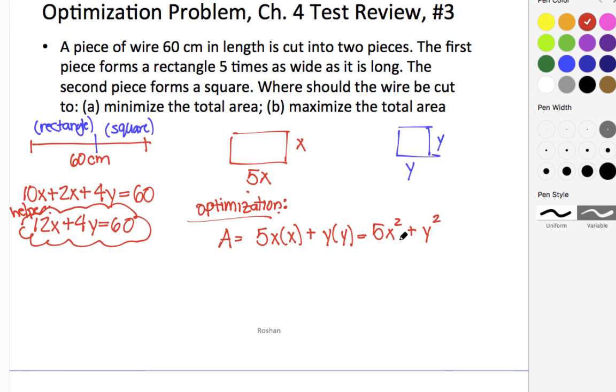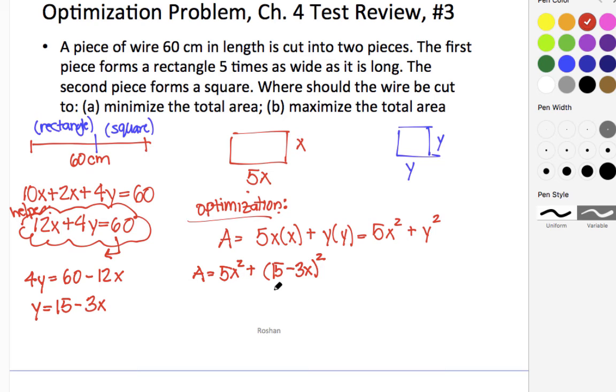So now I think that I will just get everything in the x variable. So I'm going to solve for y. y equals 60 minus 12x, over 4. y equals 15 minus 3x. So I'm going to substitute that in for the y. Area equals 5x squared plus 15 minus 3x, that whole thing squared.